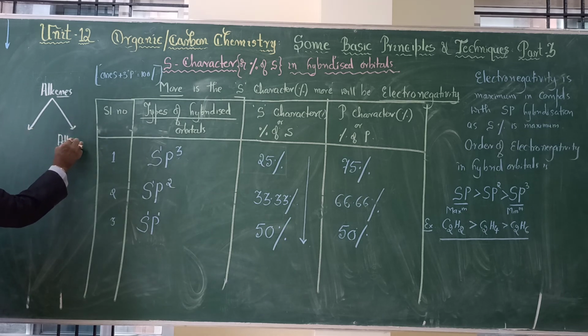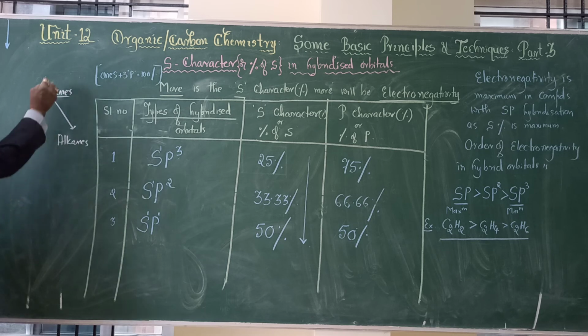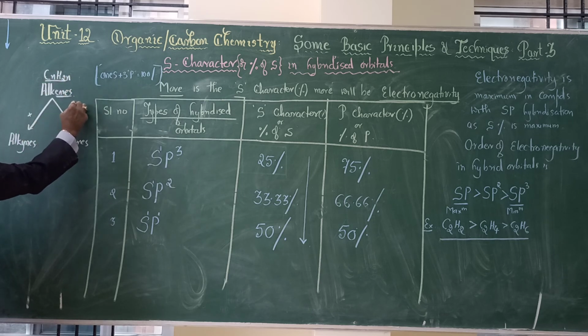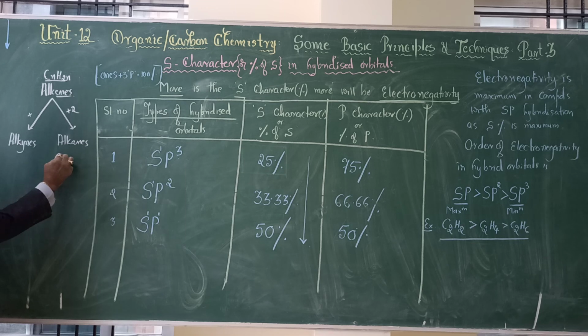If you remember the general formula, CnH2n is the double bond compound, alkenes. If you add 2 here, it becomes alkane, CnH2n plus 2.